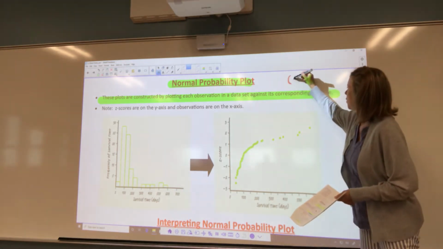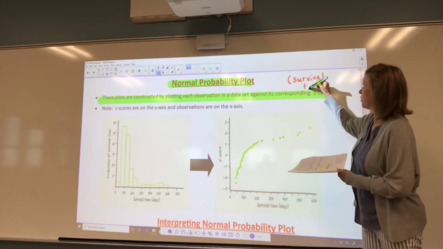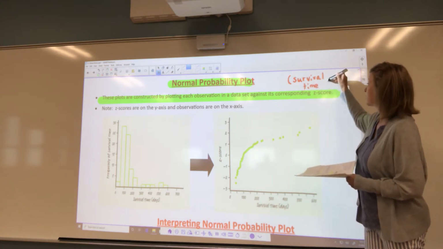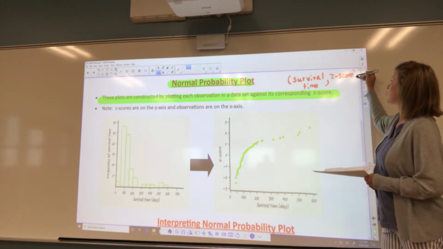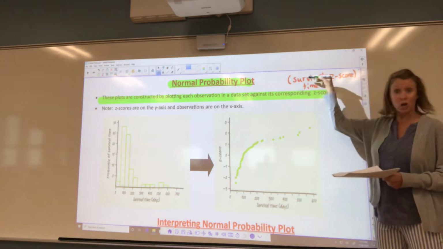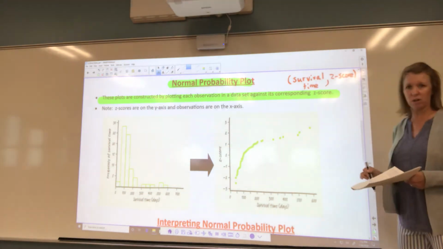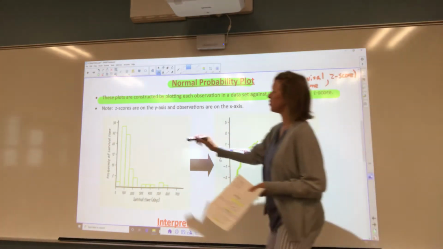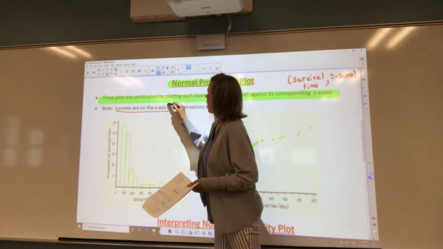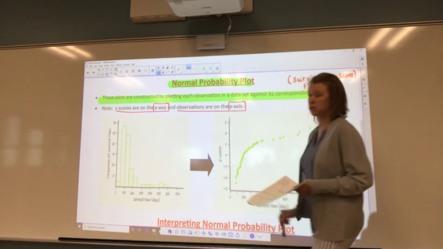The survival time is your x variable, but if you change that into a z-score, the y coordinate that goes with it is the z-score of that particular x value. The z-scores are on the y-axis. The observations are your x variable.